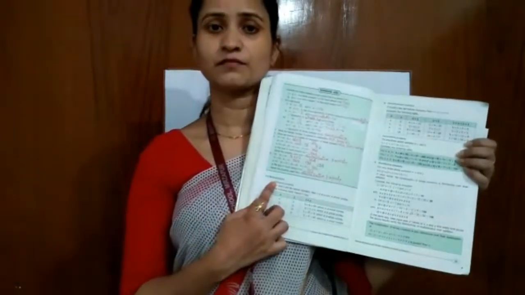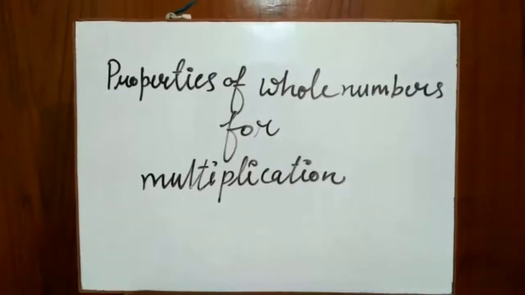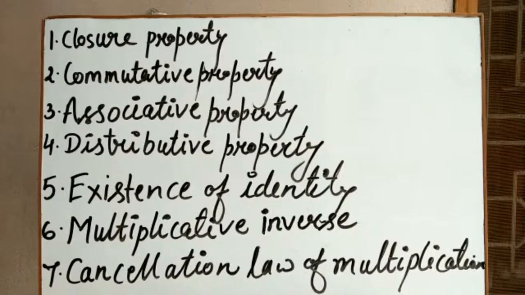Students, already I have taught you properties of whole numbers for addition and subtraction. Today I will teach you properties of whole numbers for multiplication. There are several properties for multiplication.